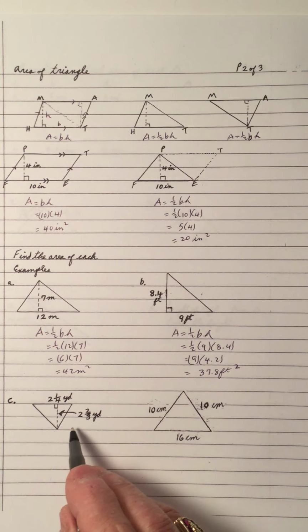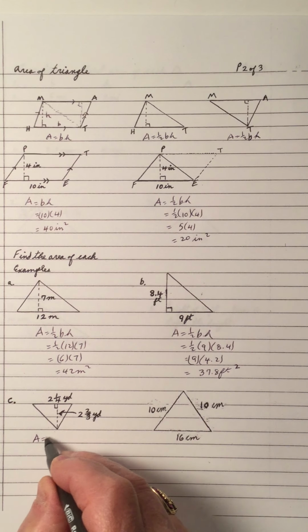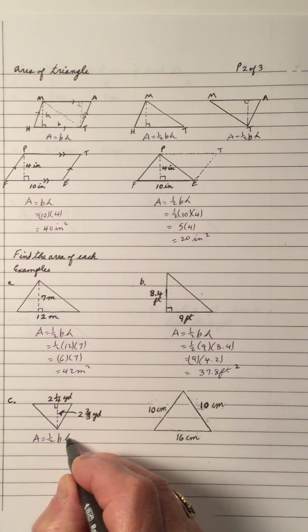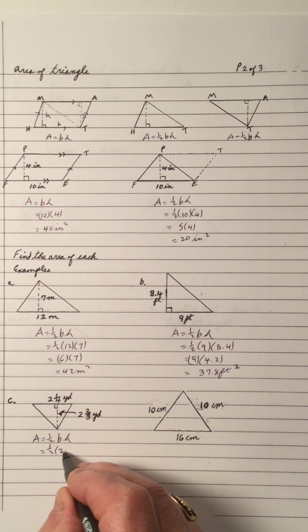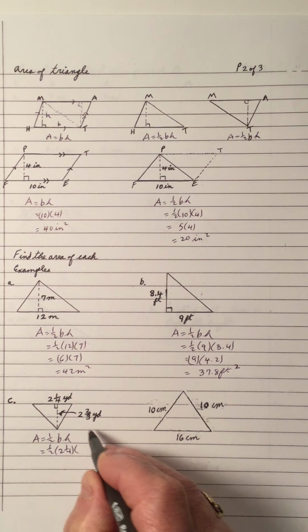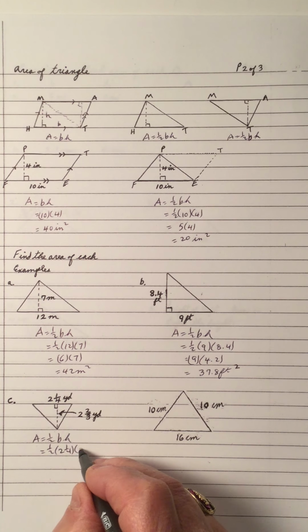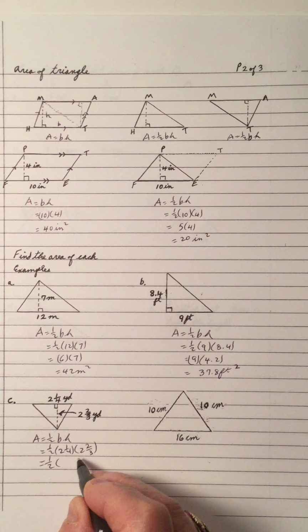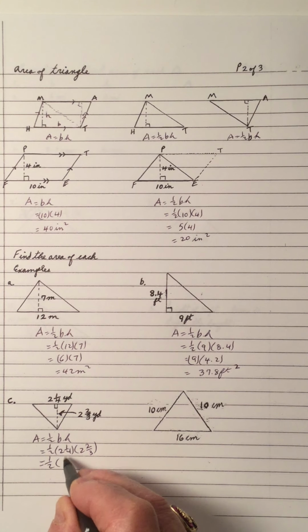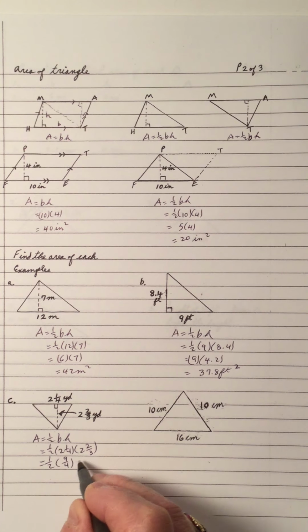C, we have a triangle, a half the base times the height, and the base is 2 1/4, and the height is the perpendicular distance, 2 2/3. So we have mixed numerals, so that's 2 times 4 is 8, plus 1 is 9 over 4.